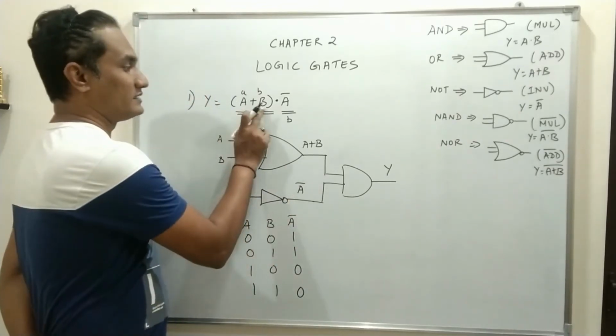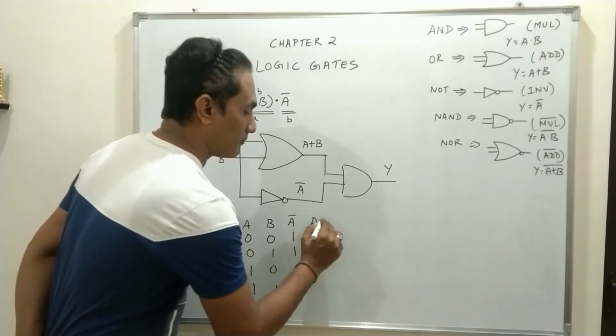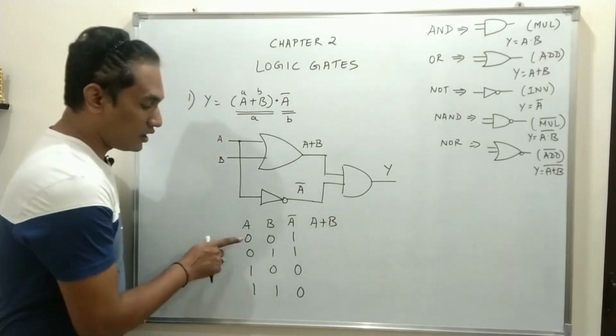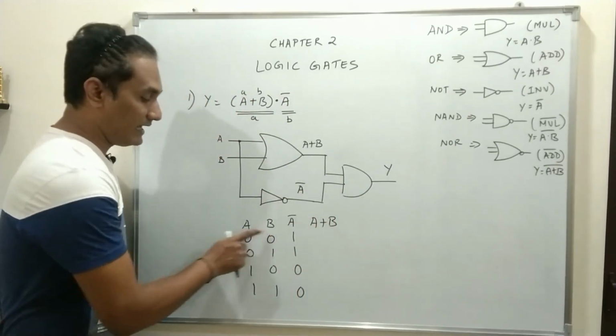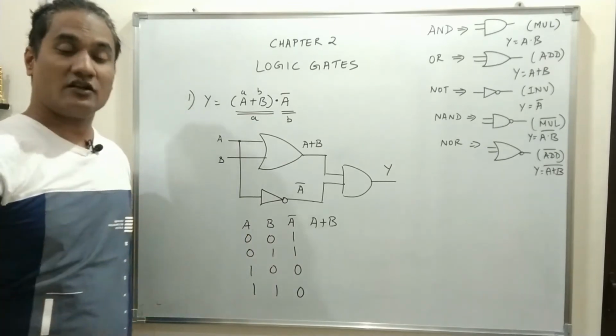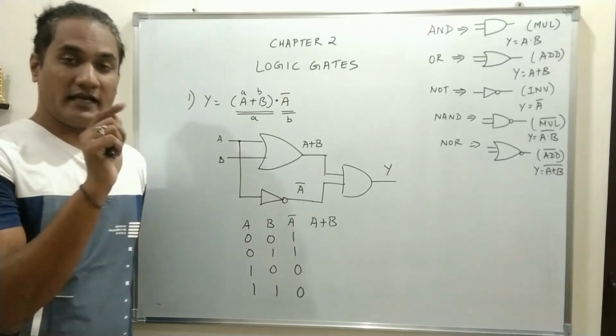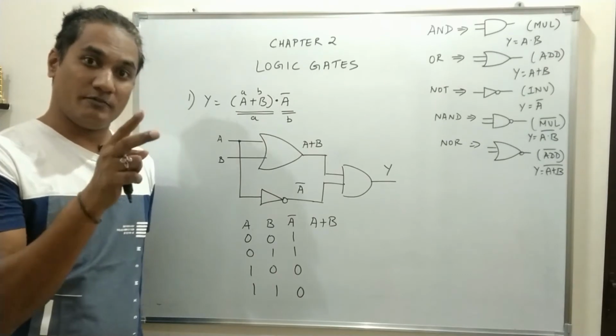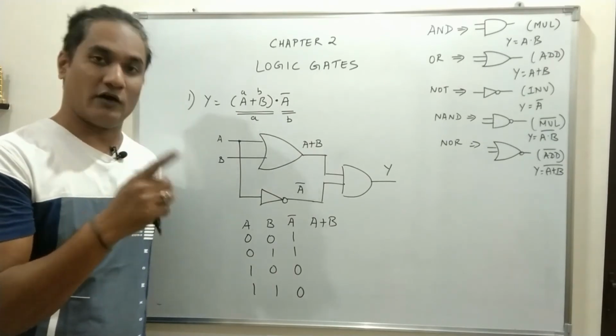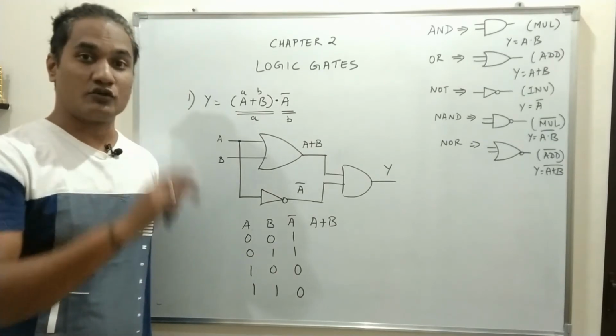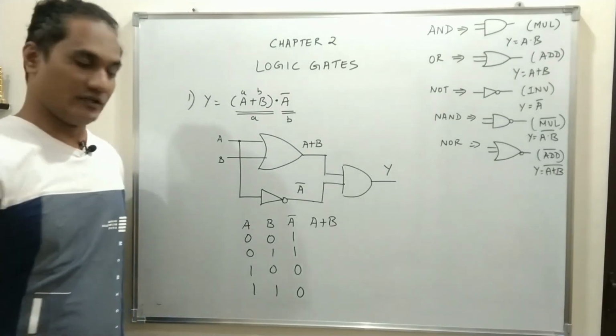Next, there is an expression called A plus B. That means OR operation between A and B. What is the definition of OR gate? As the name indicates, A or B. If any one of the inputs is 1, the output will be 1. When both the inputs are 0, the output will be 0.